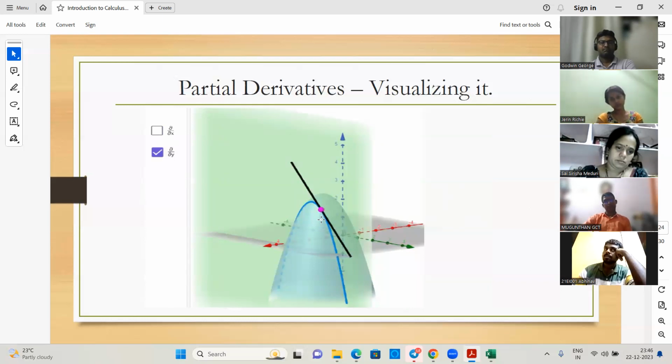Now, dou F by dou Y. Let's understand this. I'm again going to use my mouse and traverse a curve. Just follow me. Here we go. That's the curve. Not the usual suspects, somebody new.